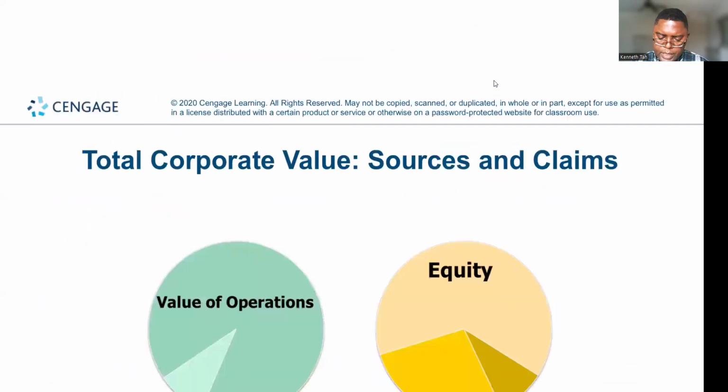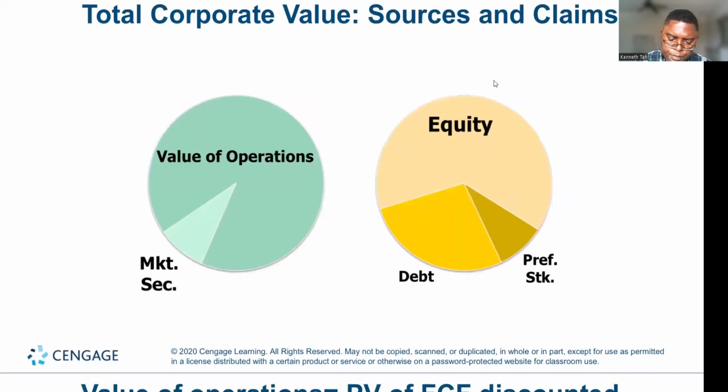Okay, so we can see it on this diagram. Here we have sources of value, which we said will include the value of operations and marketable securities.